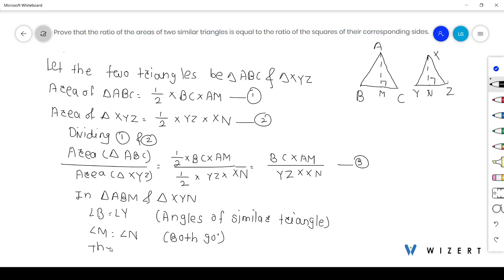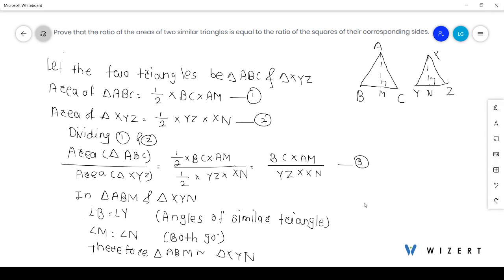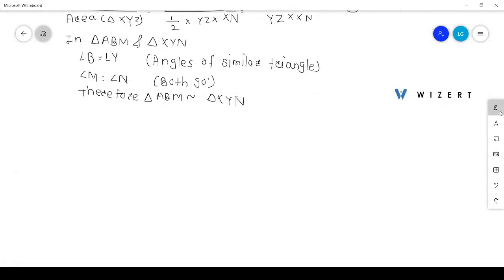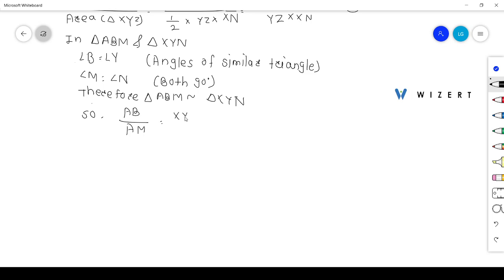Therefore, triangle ABM is similar to triangle XYN. So, the ratio of their proportional sides is equal, that is AB upon AM equals XY upon XN. Suppose this is equation number 4.